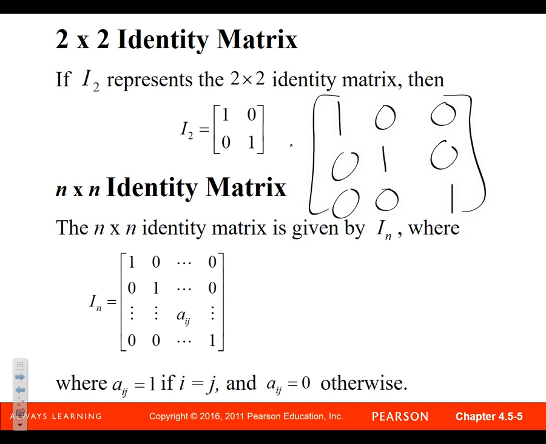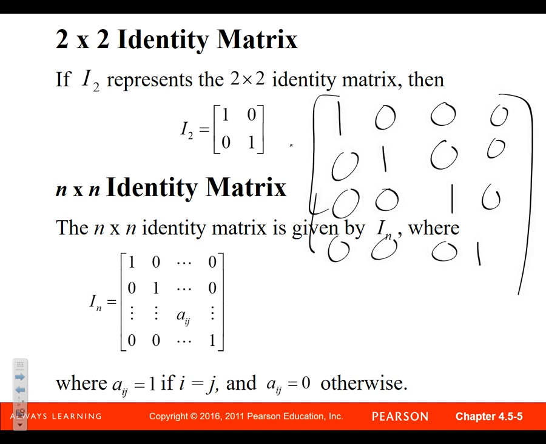All you really need to understand is that as this gets bigger, we're just adding another 1 here. That's the identity matrix for a 4 by 4, hence the notation for identity matrix of any size. It's just a diagonal of 1s every single time. Everything above is a 0. Everything below is a 0. That is the identity matrix.